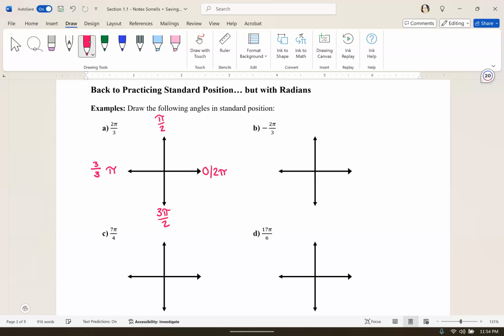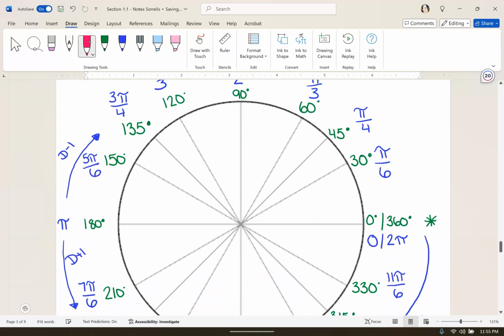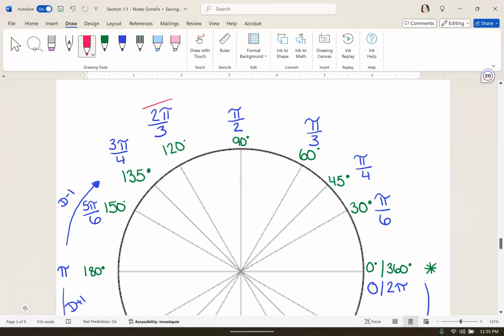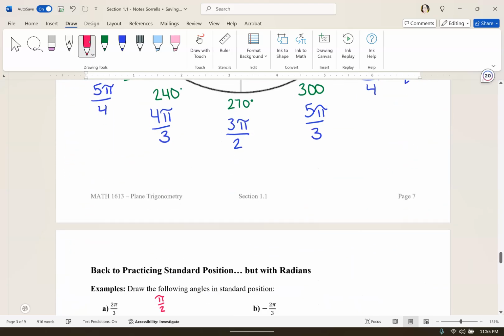So that means 2 pi over 3 is in this quadrant, in quadrant 2. So therefore, I am going to draw that. Okay. And if I'm getting this memorized, I also know that 2 pi over 3 is 120 degrees. So it's going to be a high one.